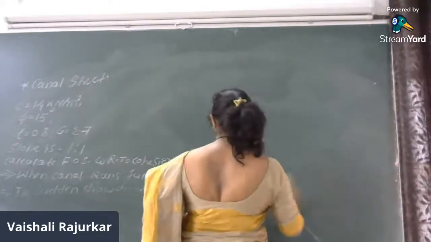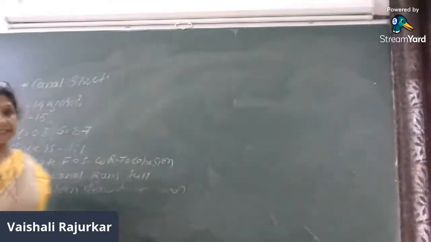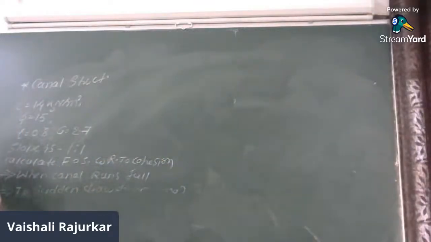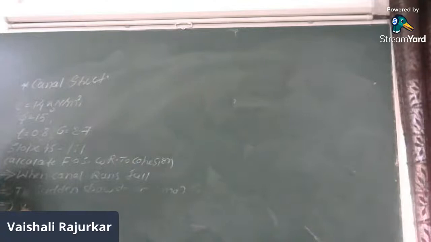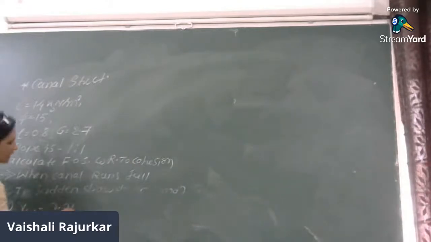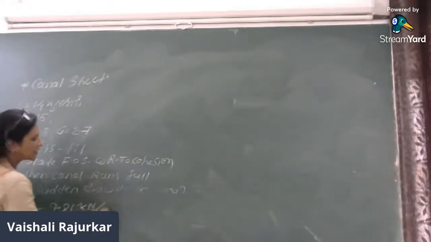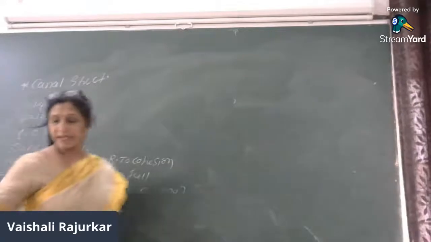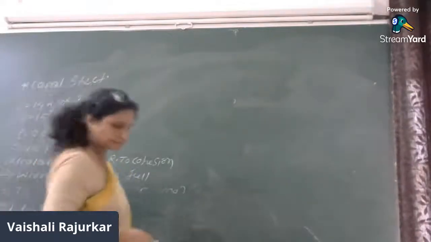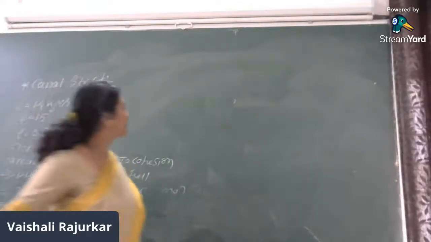So here we will consider gamma w as 9.81 kilonewton per meter cube. So what is the density of the soil?